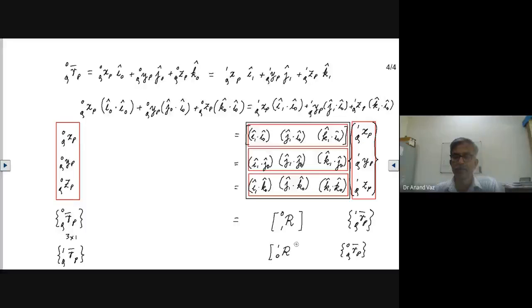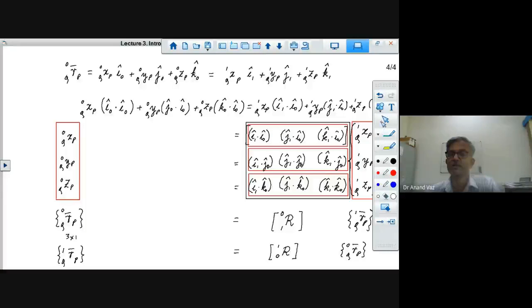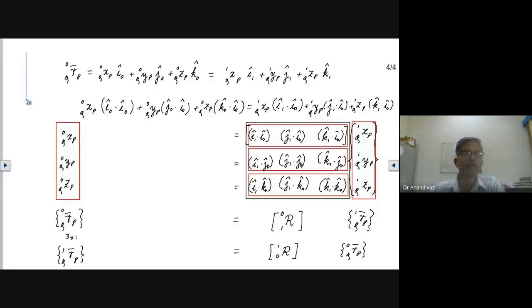Okay, but we see that this R0 to 1 is just R1 to 0 inverse. I will just reduce the size of this that we have done yesterday.